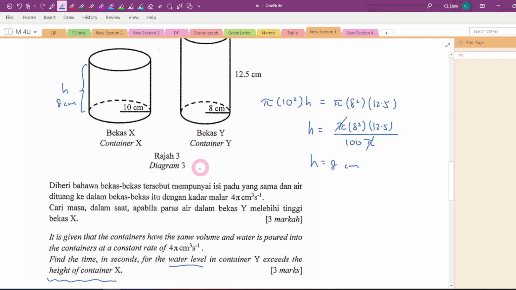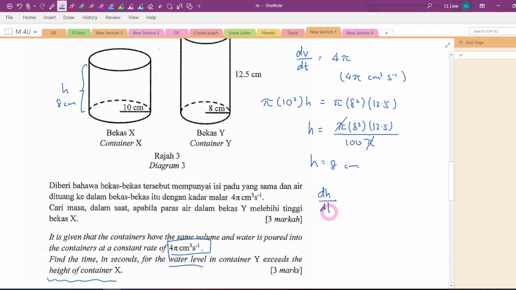Now, this is actually dV dt, right? dV dt is 4 pi. So this is 4 pi cubic centimeter per second. This tells us that every single second the volume increases 4 pi cubic centimeters. Okay, so we want to find the rate of change of the height, dh dt.